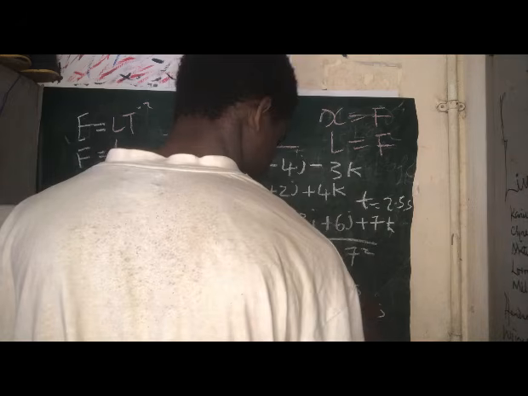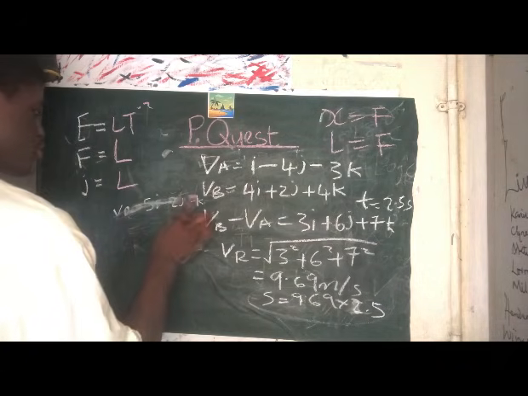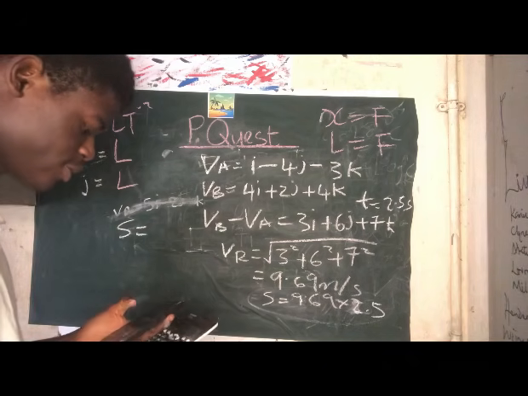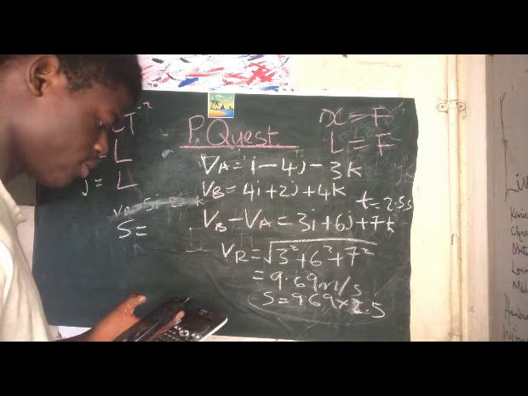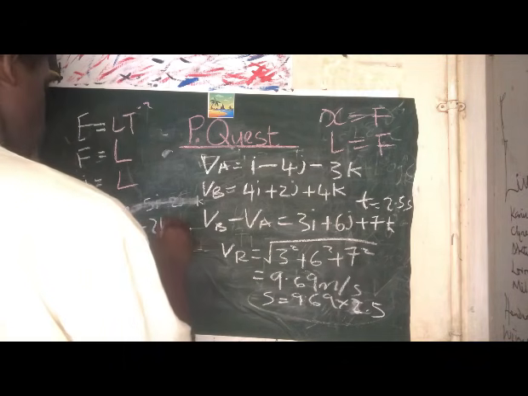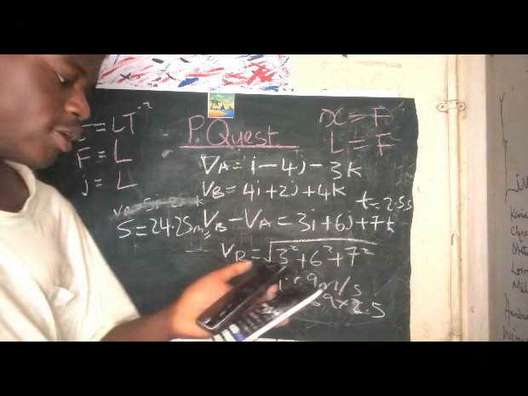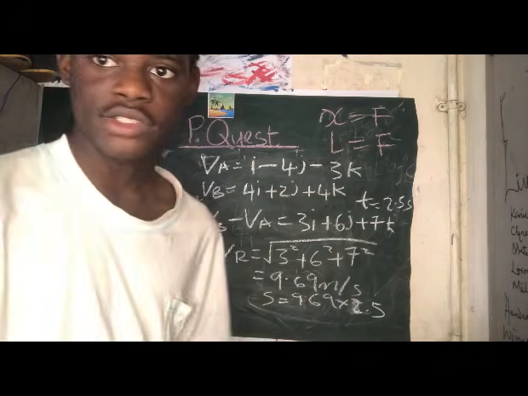Sorry, not 5, 2.5. So our final answer will be 9.69 times 2.5, and that will be 24.25 meters. So our answer will be option E for question number 17. Option E.